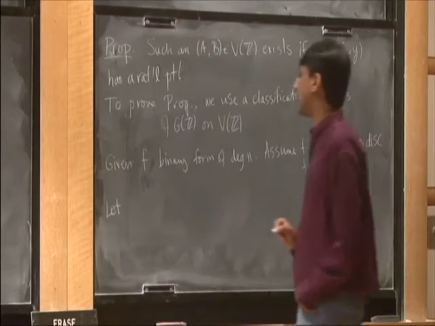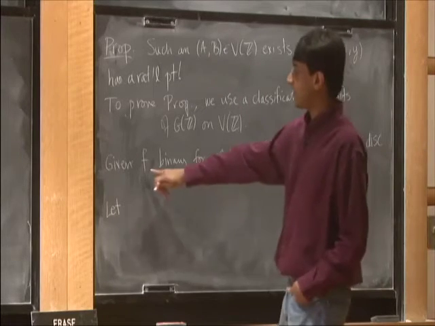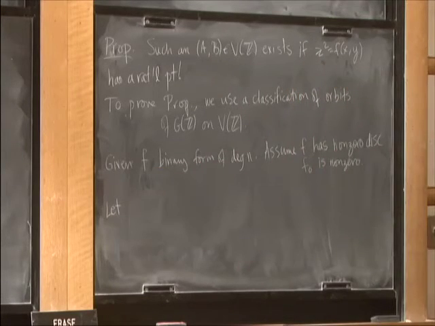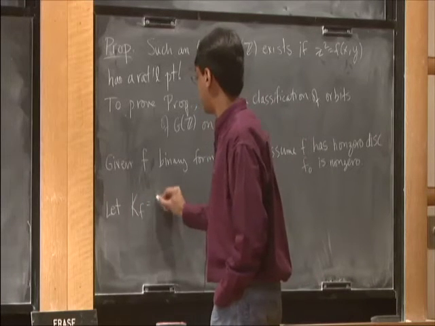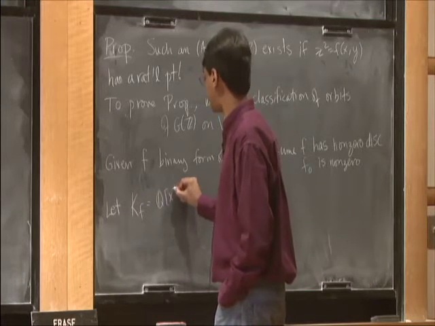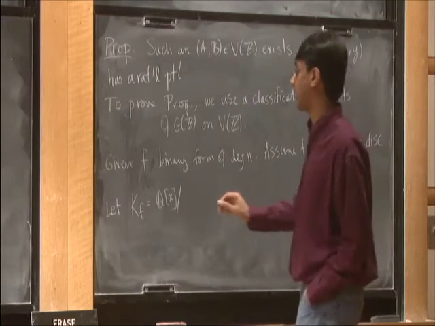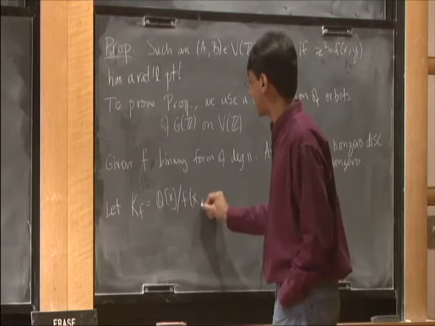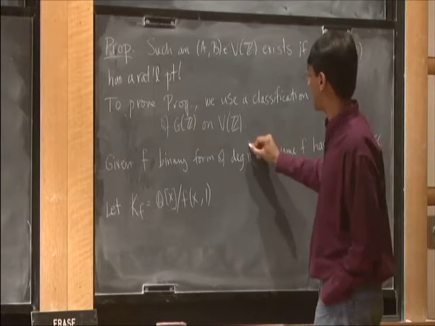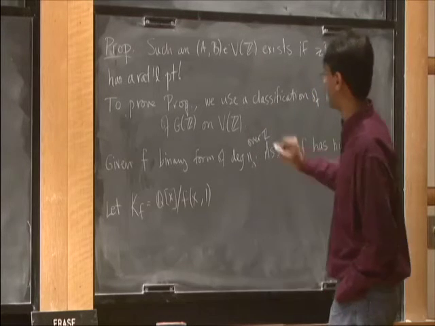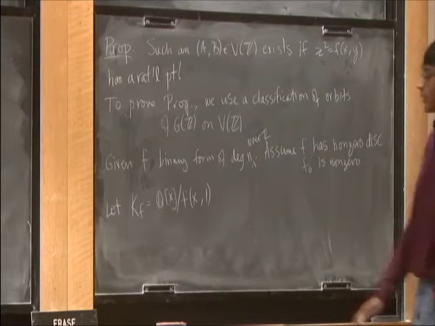Then you can use an algebra of degree n over Q, namely you can let K_f equal Q[x] mod f(x,1). And since f_0 is non-zero, I should just say I'm taking everything over Z.